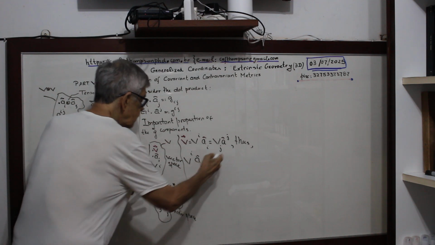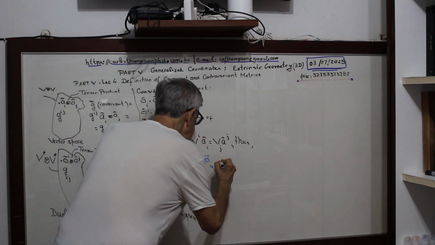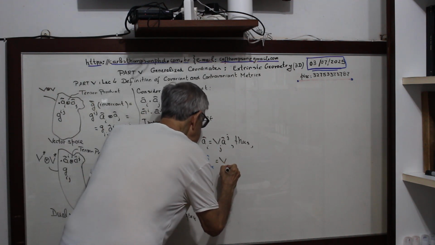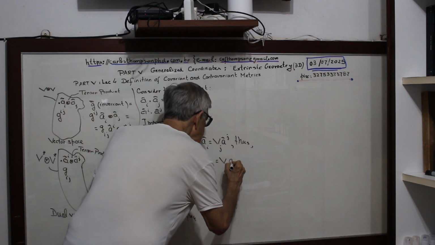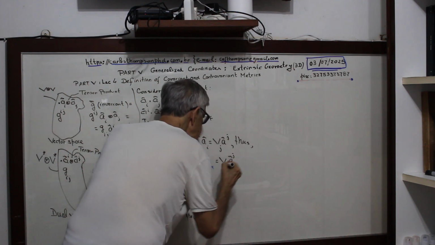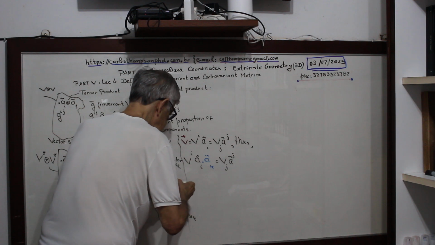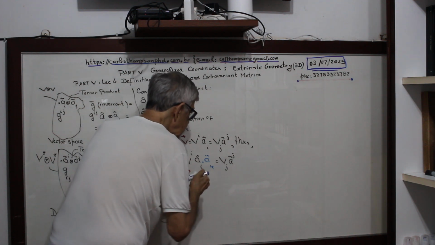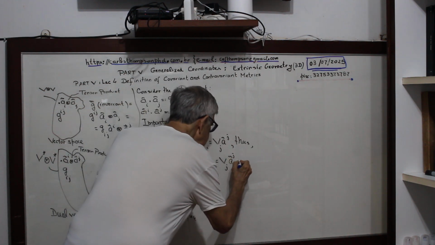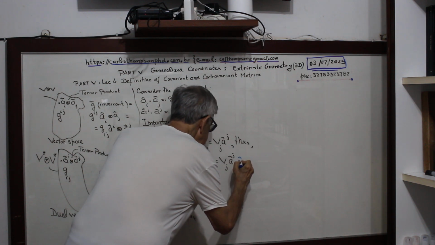So this is equal. Then I'll have v_j a^j dot e^k.